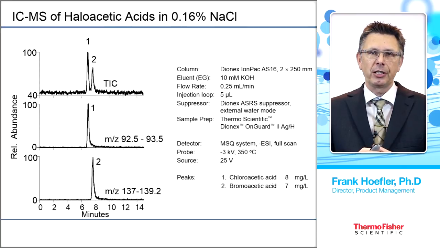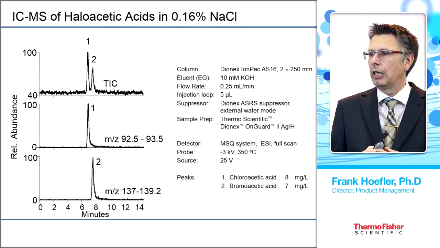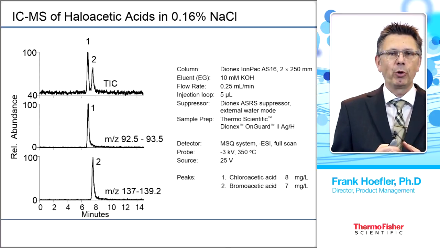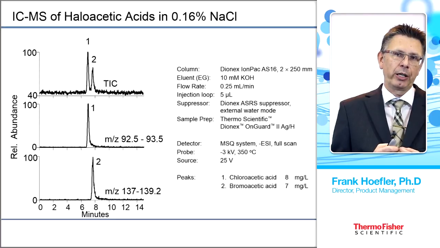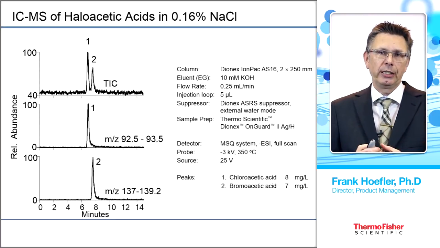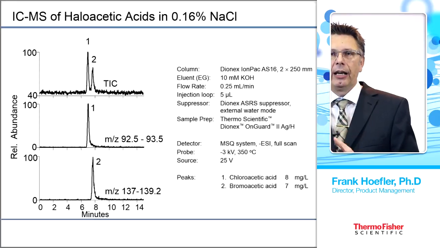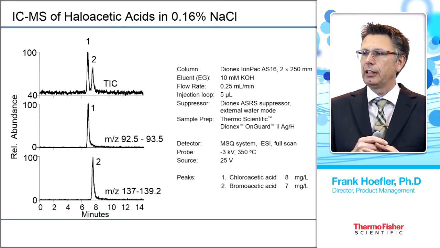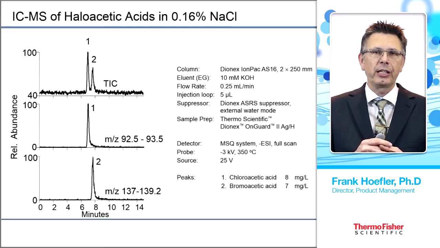Moving on to the next example, and as pointed out before, one of the challenges are typically the high matrix concentration. In this example, we are analyzing low ppm levels of chloroacetic acid and bromoacetic acid in 0.1% sodium chloride solution, a high salt content like seawater. And as we see here in this example, we only detect the chloroacetic and bromoacetic acid.